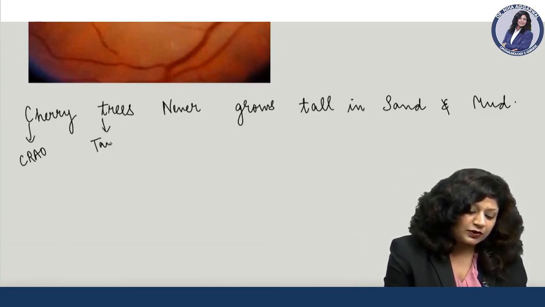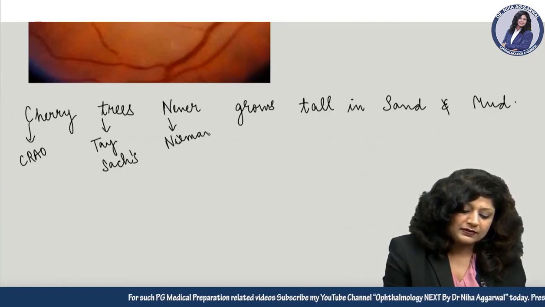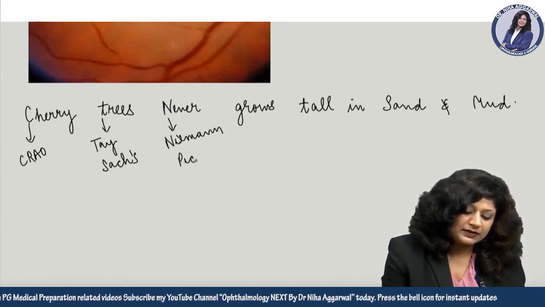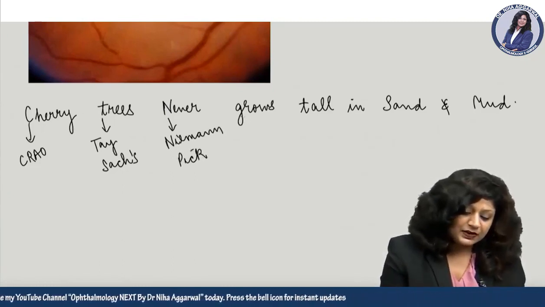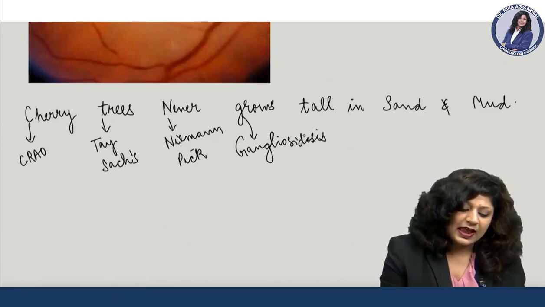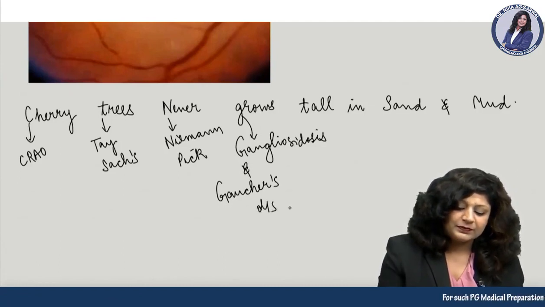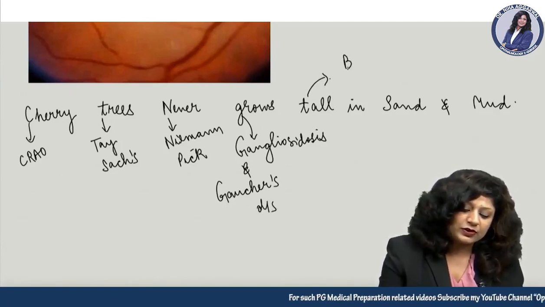T stands for Tay-Sachs disease. N stands for Niemann-Pick disease. Then G stands for gangliosidosis, and it also stands for Gaucher's disease. Then T is actually the trauma.